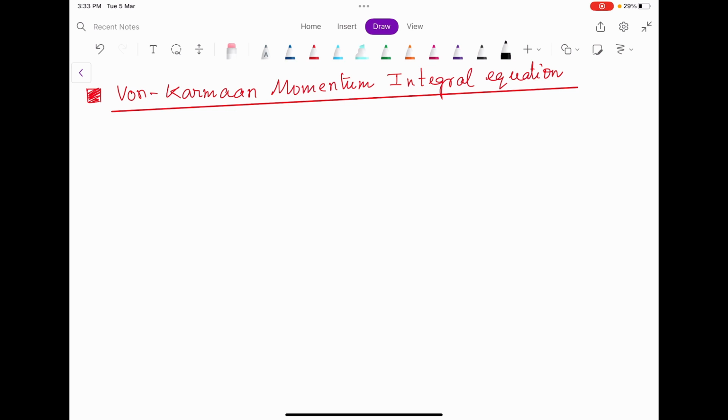So the x momentum equation is what? Okay, so let me write here, integrate x momentum equation with respect to y.